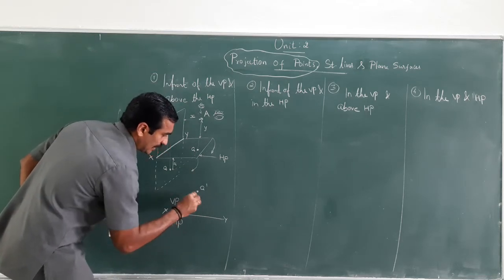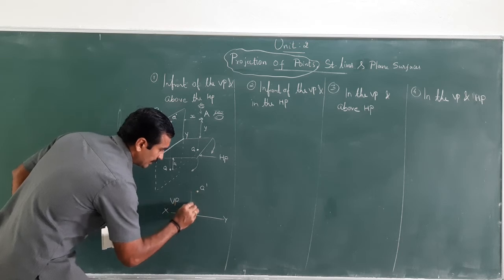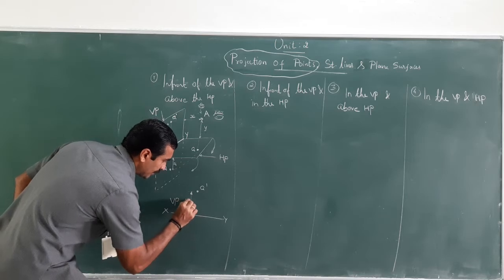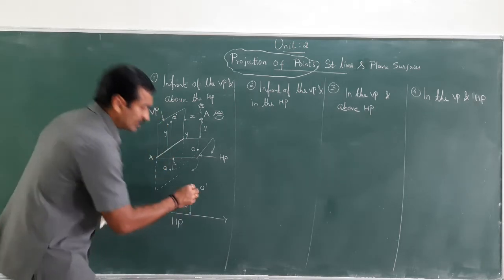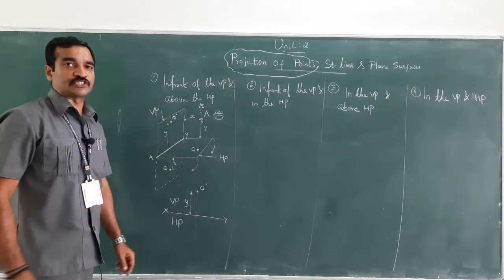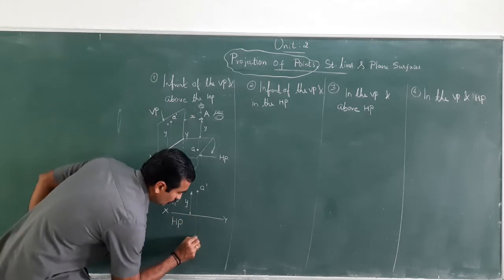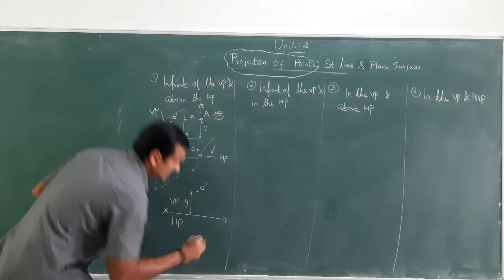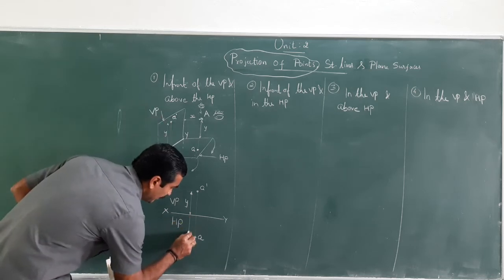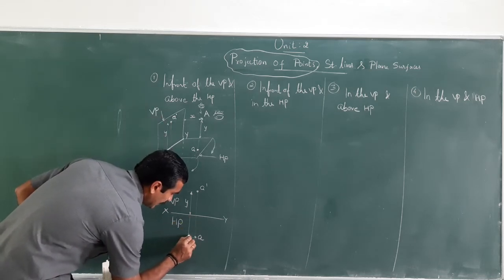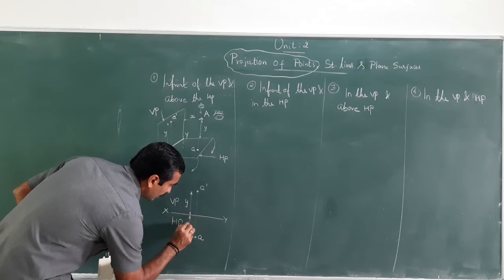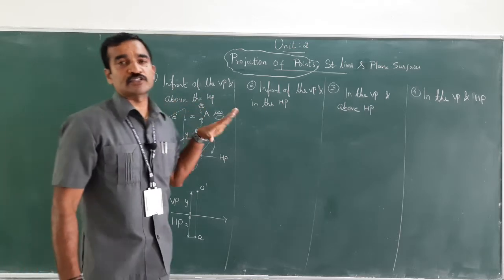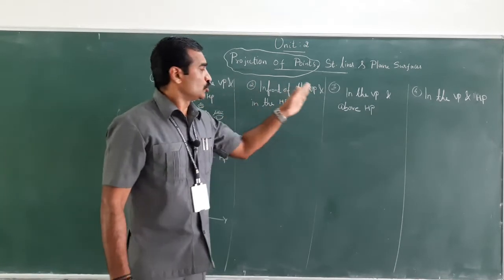This is A dash, with a distance from the reference line of Y. And extend the projection, and the top view or the plan which we obtain here is A, and the distance would be X from the reference line. So this is the first condition.